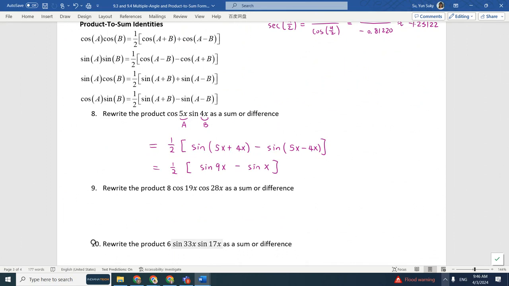If you finish your problem, you can do the next one. And the cosine is negative, so you can do that.